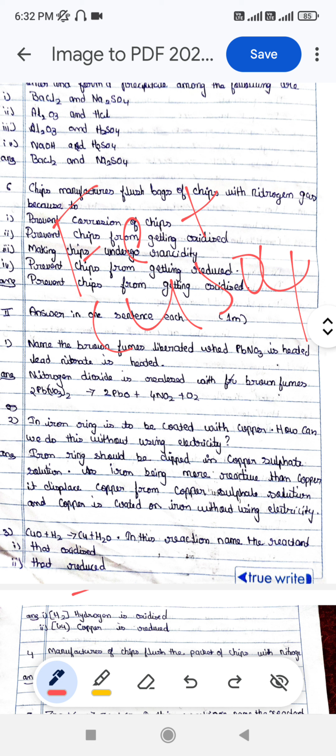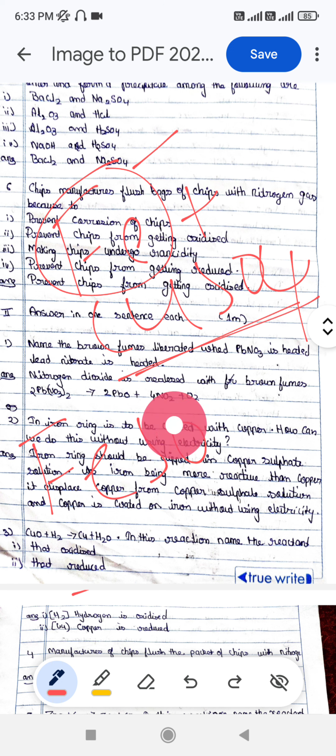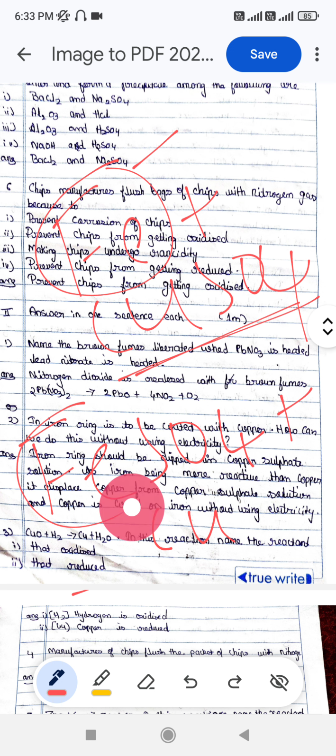First we take the iron and dip it in the copper sulfate solution. Iron is more reactive than copper, so iron displaces copper from copper sulfate, and it becomes iron sulfate plus copper. By this method copper is coated on the iron.